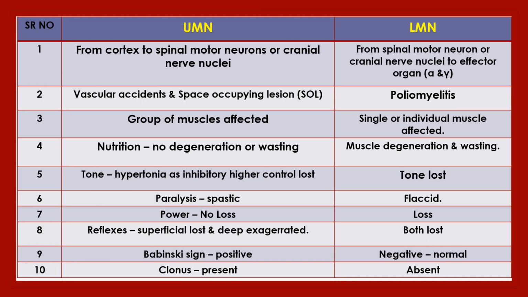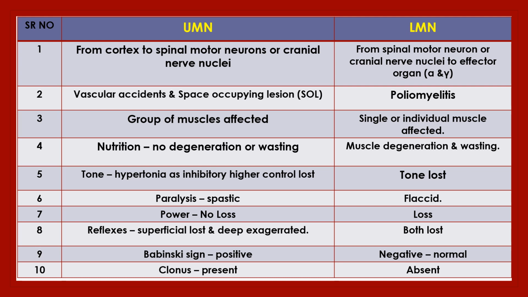The lesions of the motor system, the lower motor neuron and the upper motor neuron lesions, are discussed. The upper motor neuron is the neuron from the cortex to the spinal motor neurons or cranial nerve nucleus.